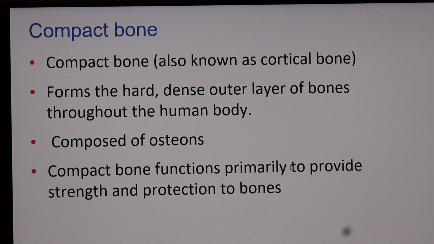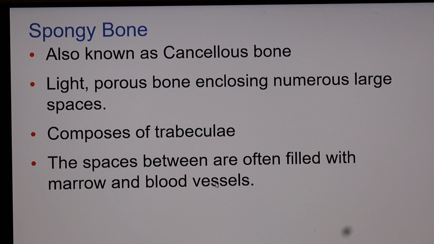Its main function is providing strength and protection to the bones, while the spongy bone is the light inner part of the bone, and it is composed of what we call trabeculae.